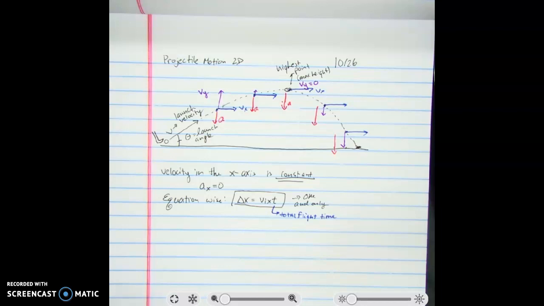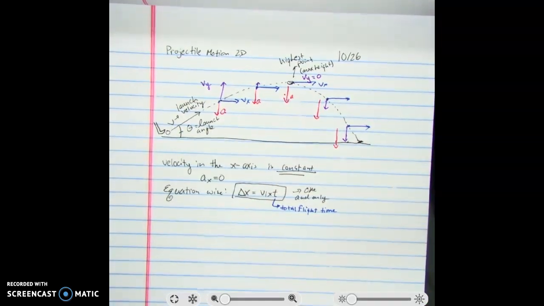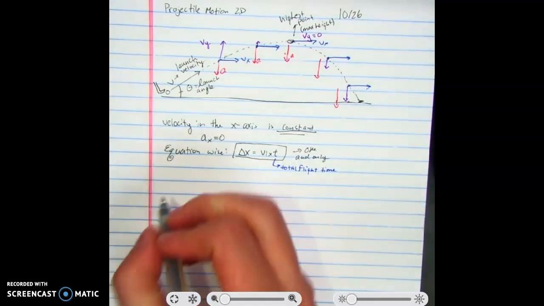So x-axis stays the same, which is fantastic. All right? Y-axis, though, gets a little weird. Okay? We should look at the y-axis in two parts.